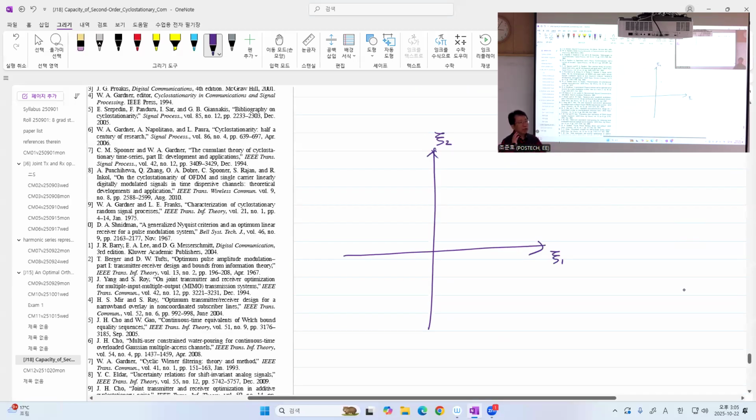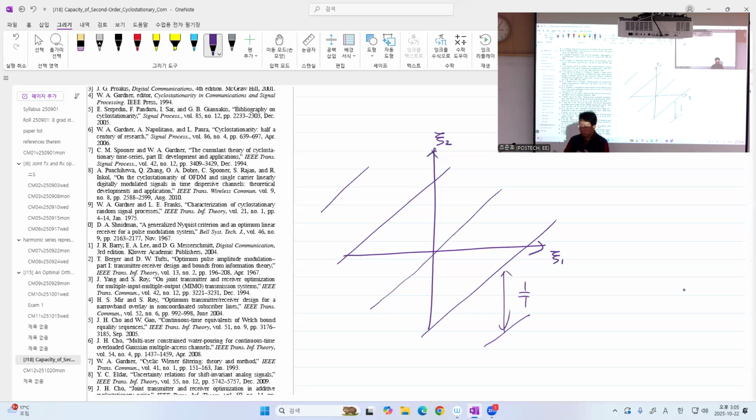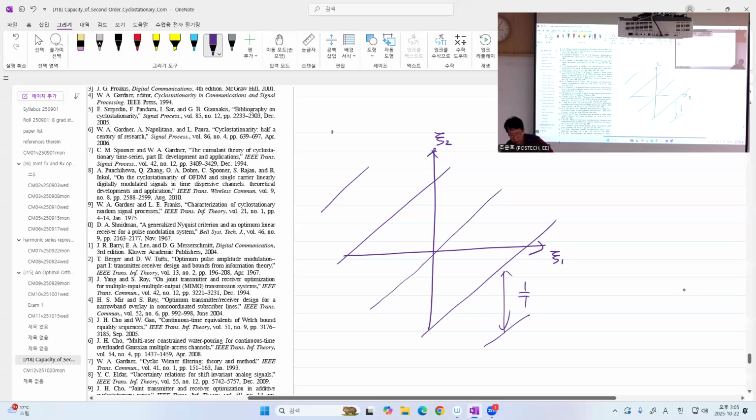Then what happened for a Wiss cyclostationary random process? You had impulse trains with spacing equal to the inverse of the cycle period, right? And this was for real Wiss cyclostationary and proper complex Wiss cyclostationary random processes.